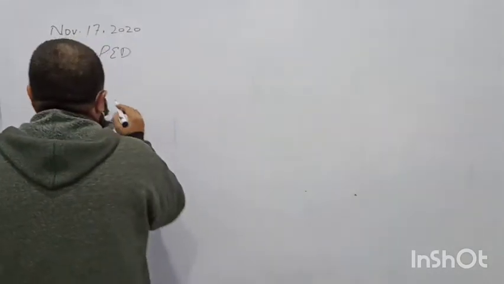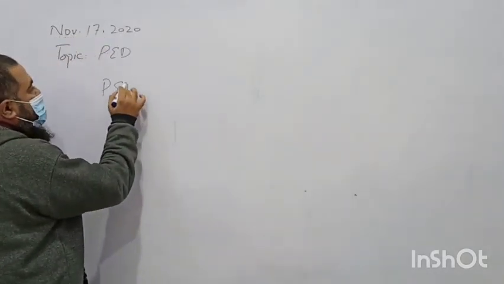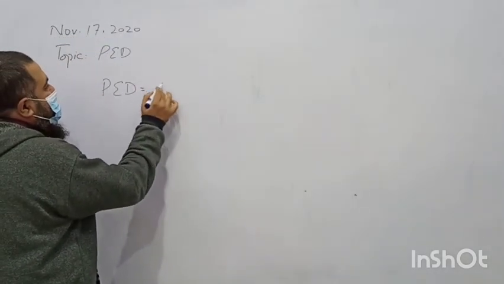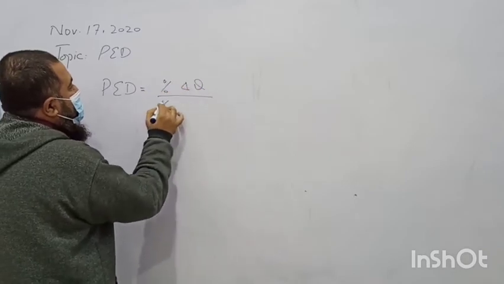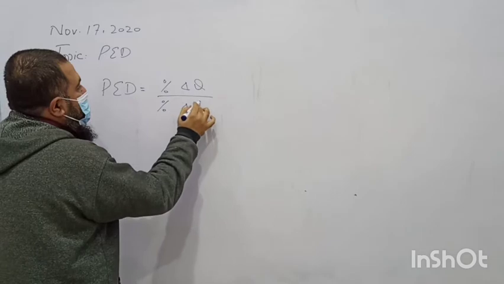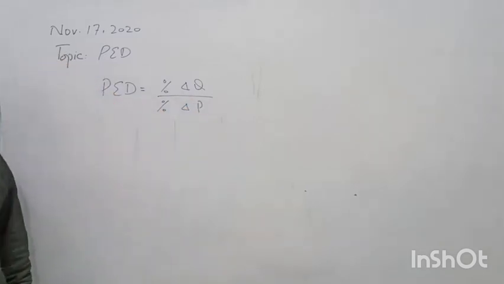We measured whether it is elastic or inelastic using the formula of elasticity. Elasticity shows the percentage change in quantity demanded due to a percentage change in price of the product.